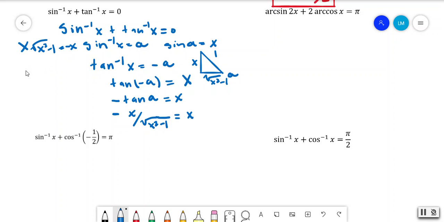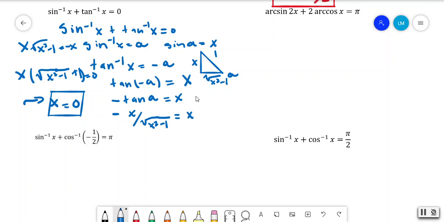From here, we have x times the square root of x squared minus 1, plus 1, equals 0. But there's no way to solve what's inside the parentheses, because it'll never equal 0. Thus, the only solution to this equation is x equals 0.